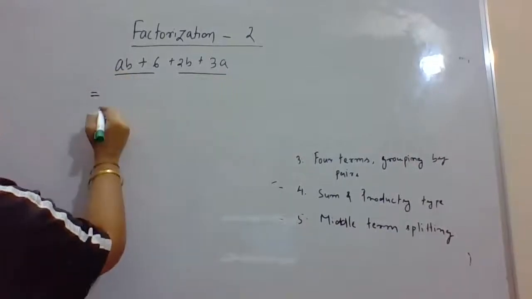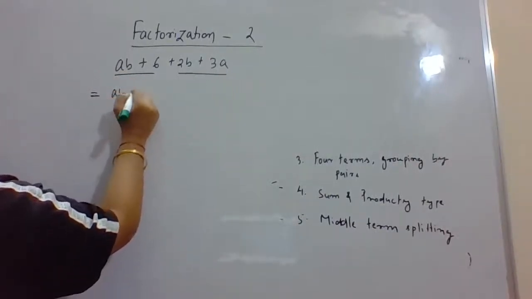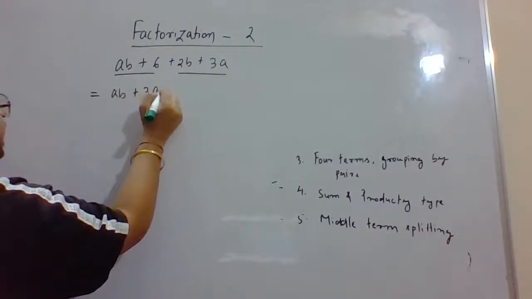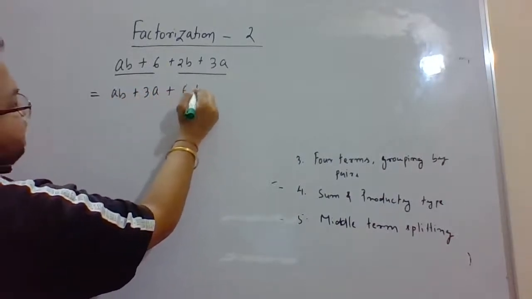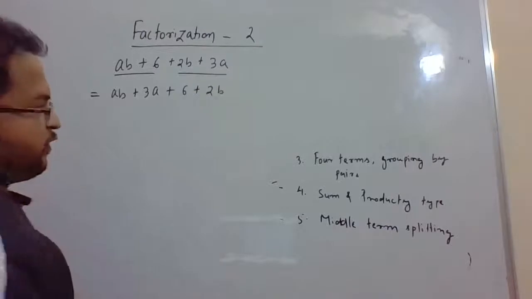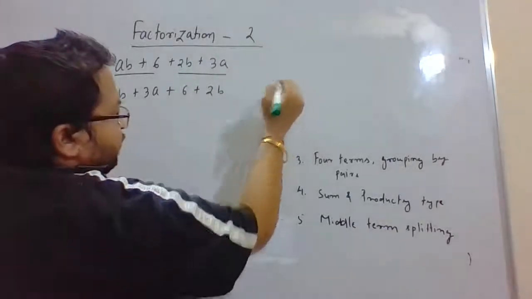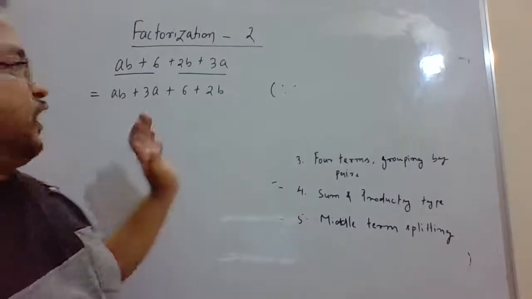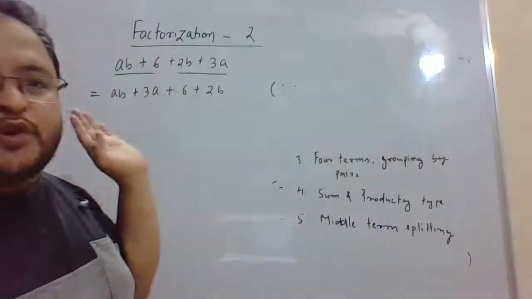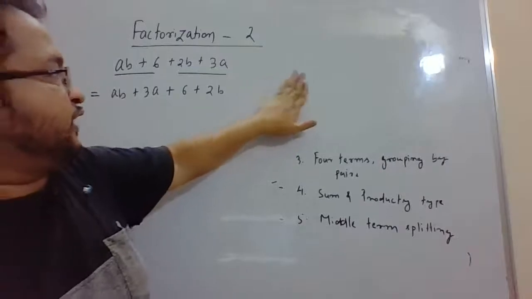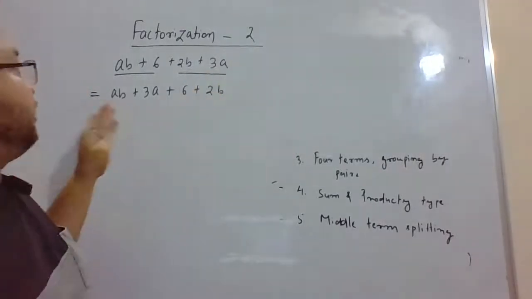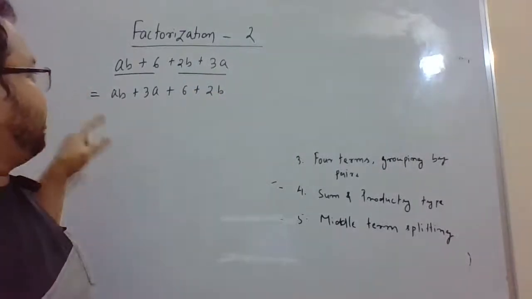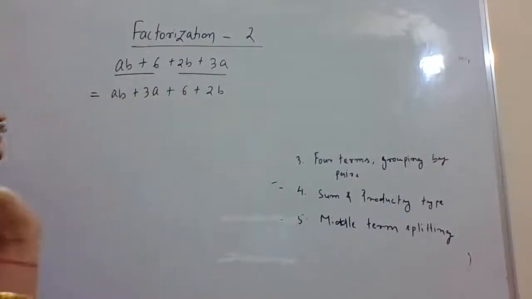Can I write this expression as ab plus 3a plus 6 plus 2b, right? Why? Because addition is associative, so you can always do that. That is perfectly fine.